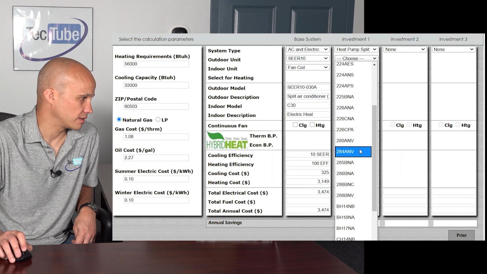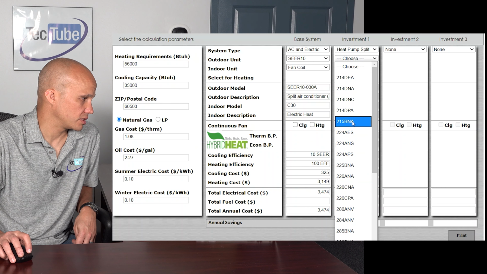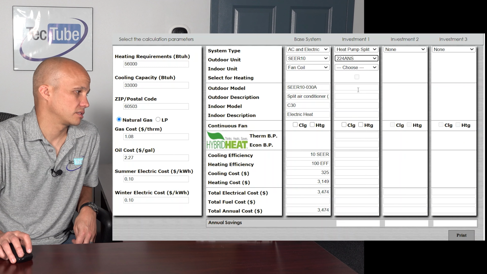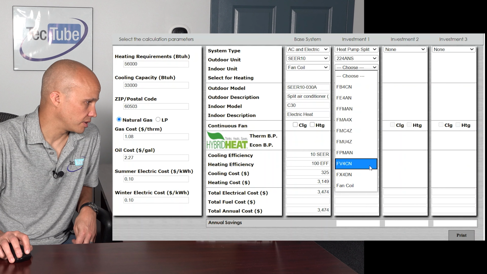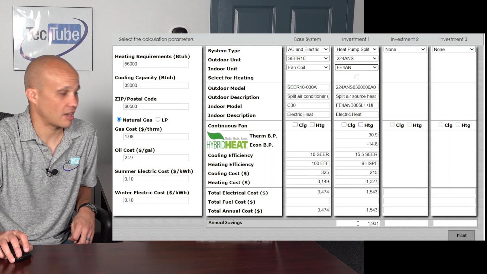Actually, I don't know heat pumps as well. Let's pick a 14 SEER 2-stage, and I'll put it with a pretty decent fan coil. So in that case, $1,900 savings.